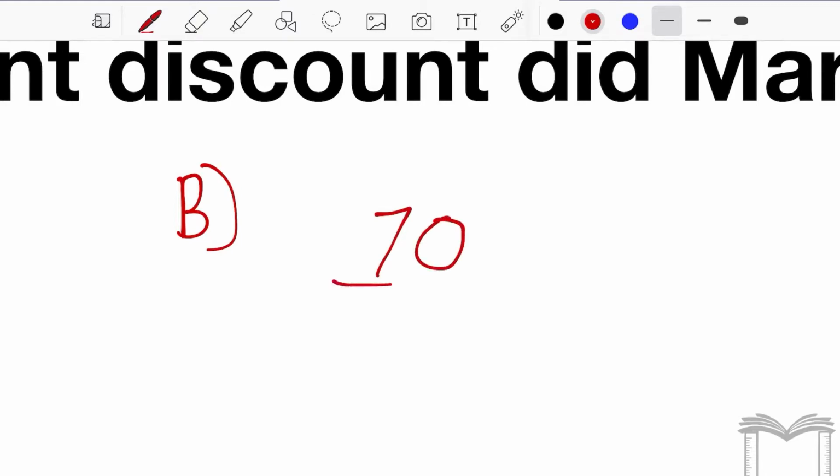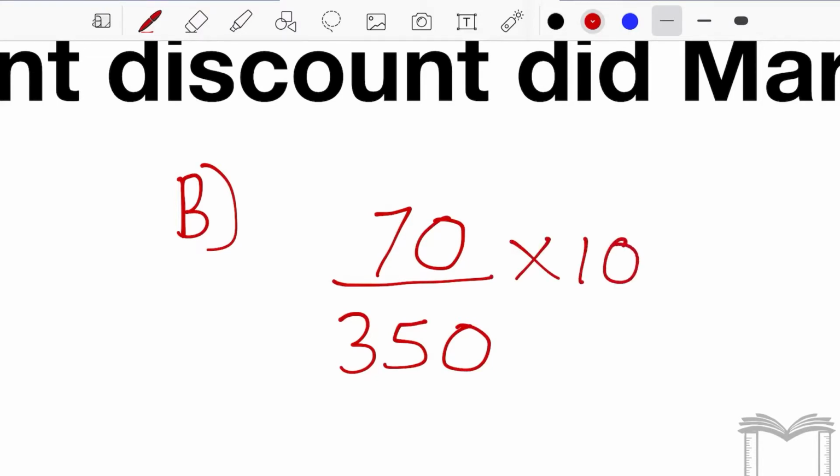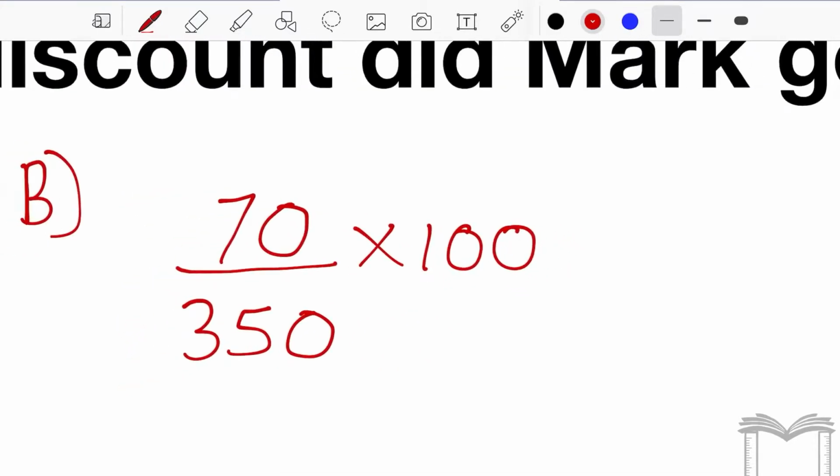So we know that he paid a discount of $70. The original price was $350. So we put the discount over the original price and we multiply it by 100. So in order to determine percent, we normally multiply a fraction by 100. It's normally, or most times, a number or an amount out of a total.